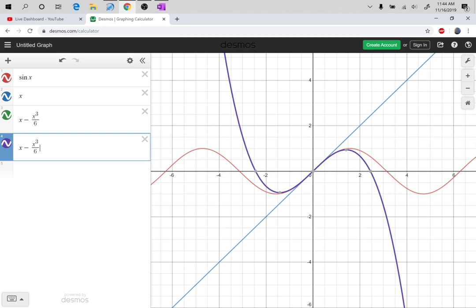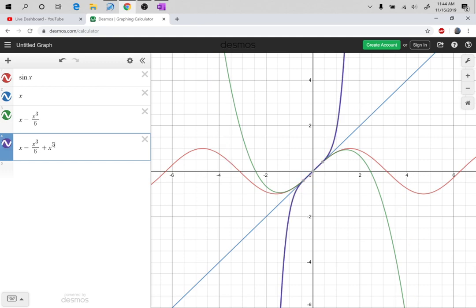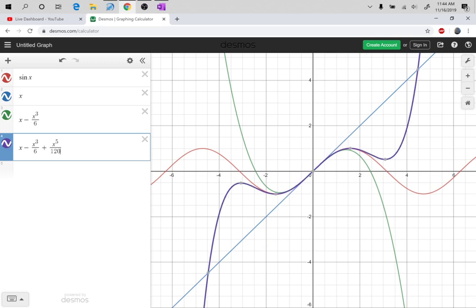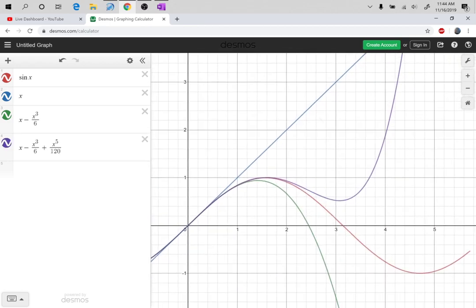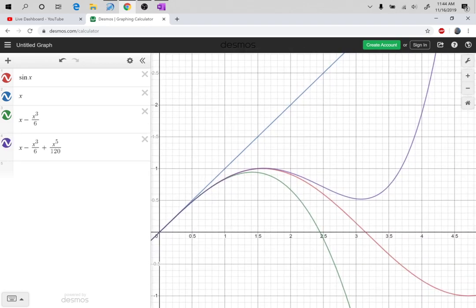So I'm going to add now plus x to the 5 divided by 5 factorial, which is 120. And you can see now this dark blue follows the red line even more. So now when I make this much larger for you guys to see just one side, the red line is your original sine.